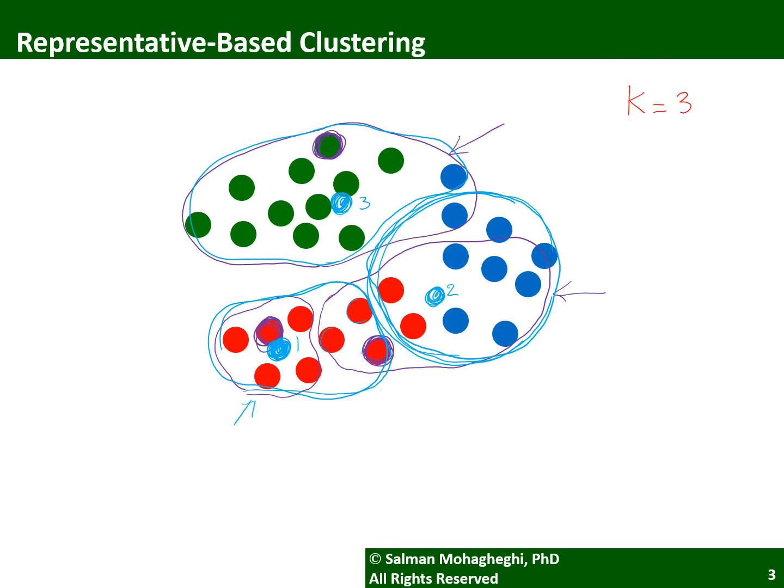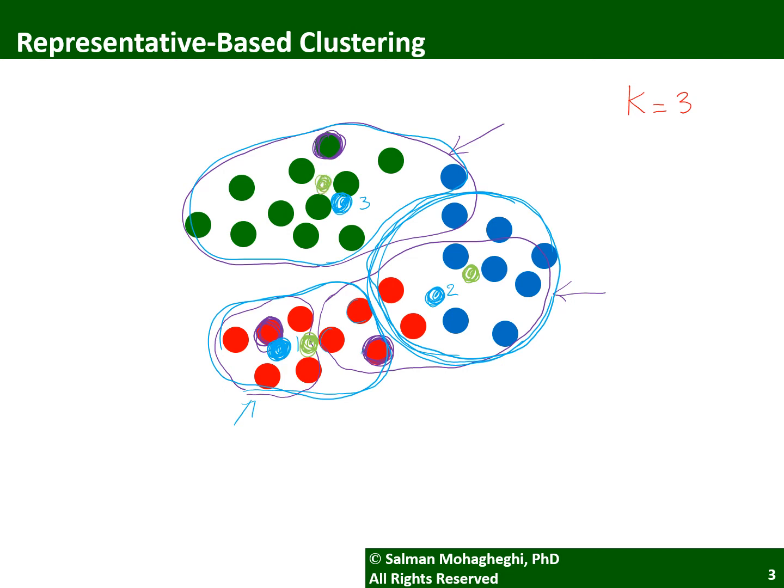Let me pick another color. If I now try to find the representatives for the new clusters that I have formed, perhaps for this cluster, this would be the new representative. For this cluster, perhaps this would be the new representative. And for this third cluster, I don't know, probably somewhere here. Just as an example, right?